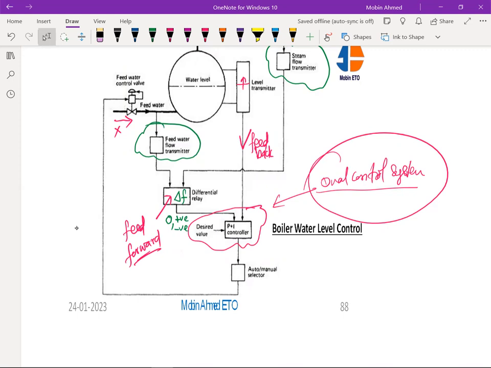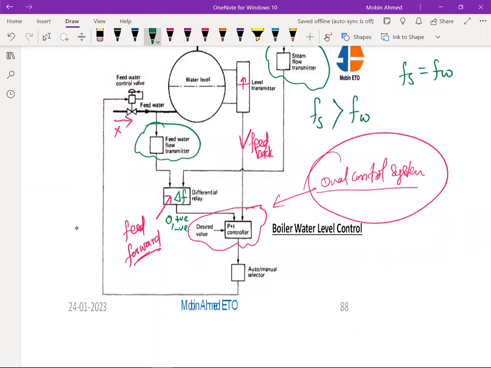So here the role of the feed forward comes in, because there will be a difference of flow, since suddenly the steam flow is more. Fs is supposed to be equal to Fw.